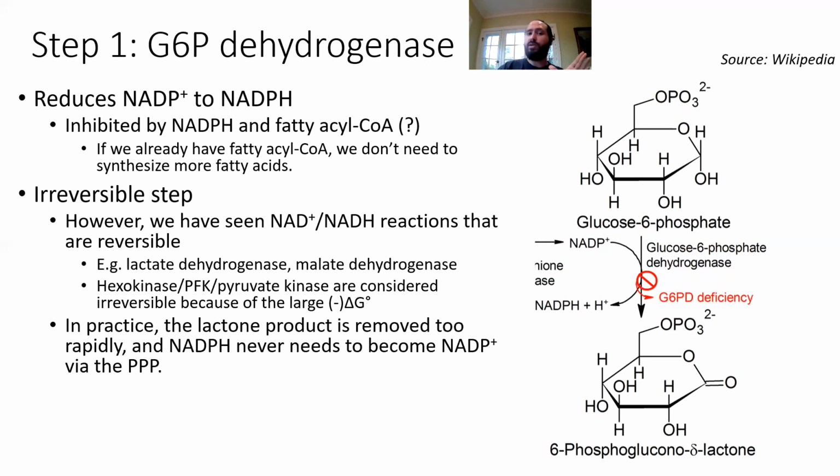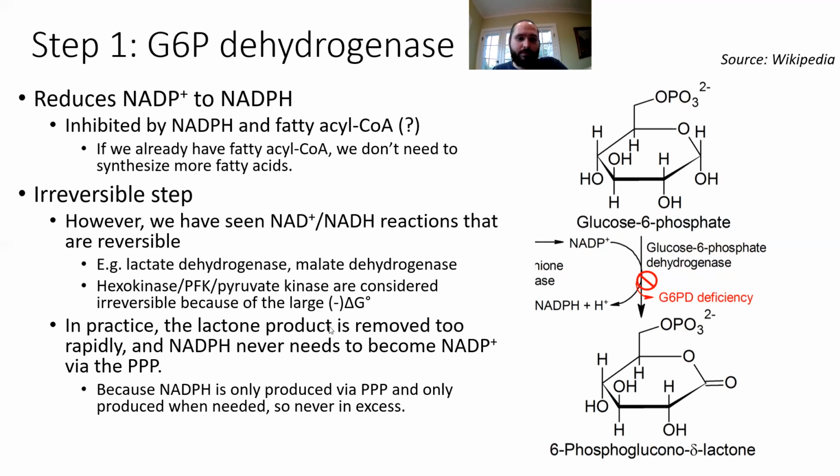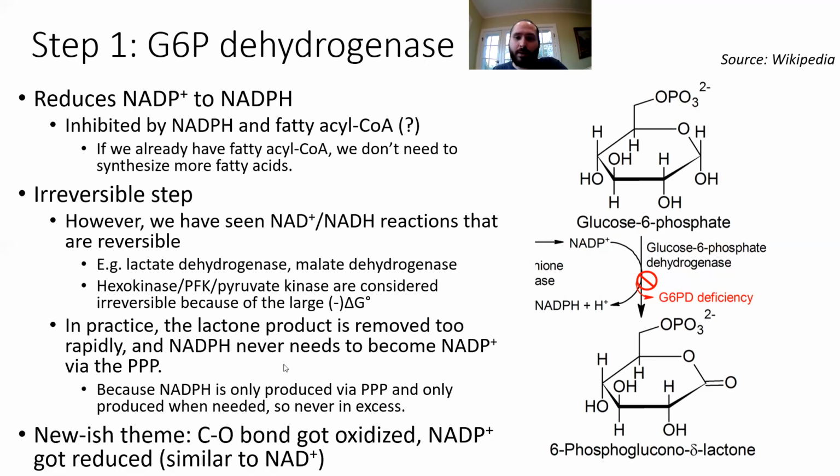It's processed so quickly that it actually just doesn't have time to go back. And as well, we said functionally, there's no reason why we'd ever want to make NADPH back into NADP plus via the pentose phosphate pathway, because that would defeat the whole purpose. So functionally, this is why. Chemically, this is why. Any questions here?